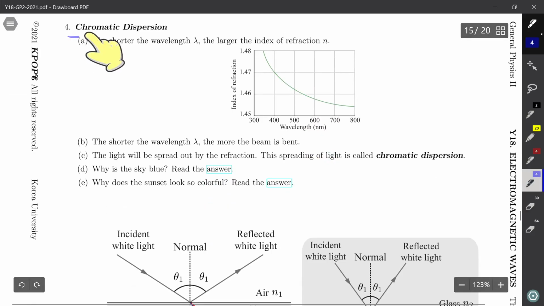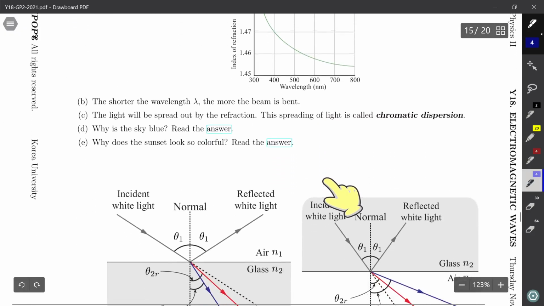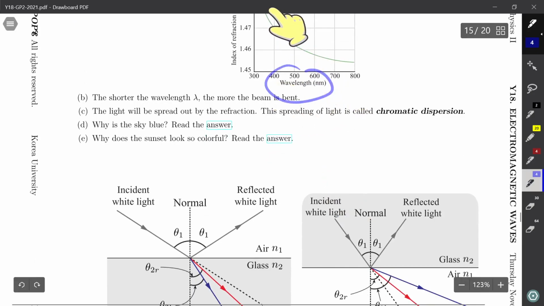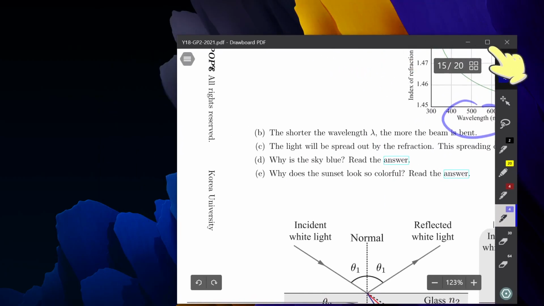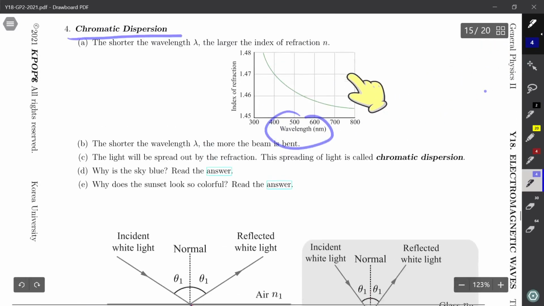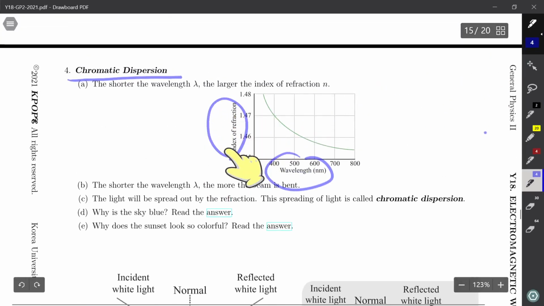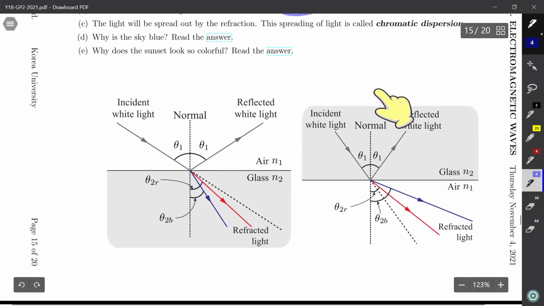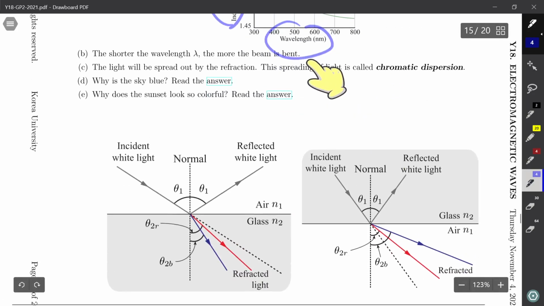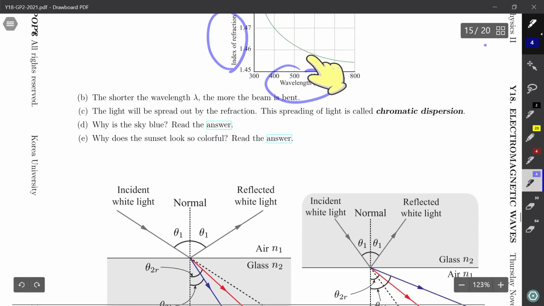There's chromatic dispersion. The index of refraction also depends on the wavelength. Depending on the wavelength, the index of refraction may change. The index of refraction increases as the wavelength becomes smaller.